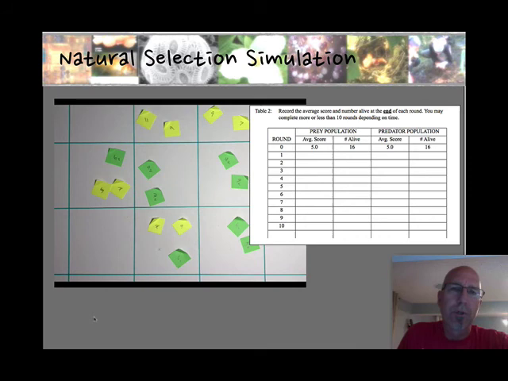This is a random number simulation that determined where those predators and prey wound up being thrown onto that 5x5 grid. And then heritability: the traits, the visual acuity, how well they see, and their camouflage had to be inheritable traits. And that's how this simulation works. I hope that helps you understand how it worked.